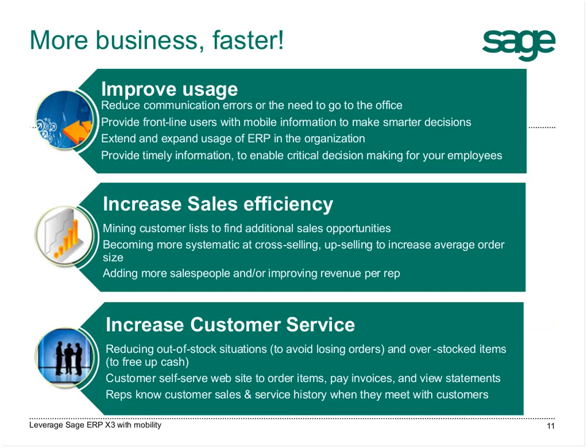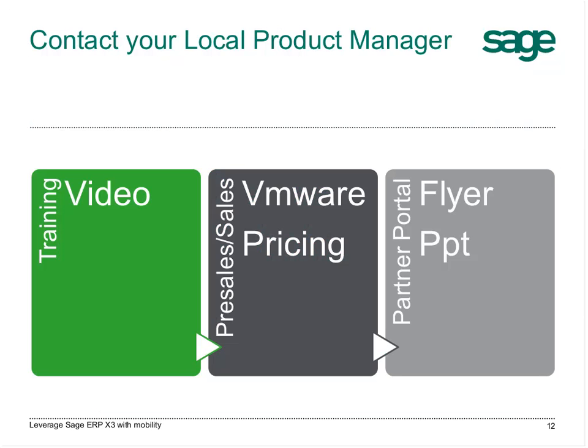The major benefits of these features are: improved efficiency in sales by reducing communication errors or the need to go to the office; providing frontline users with mobile information to make smarter decisions; extending and expanding usage of ERP in the customer organization; providing timely information to enable critical decision-making for your employees; and of course, being able to do business anywhere, anytime.